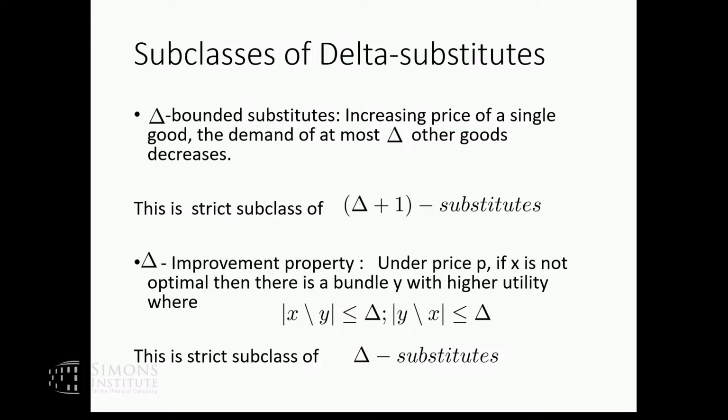The second is delta improvement. Let's say that at price P, I'm consuming this bundle X, which is not optimal. Then I can improve it by exchanging at most delta goods. Both of these are really strict classes of delta substitute.